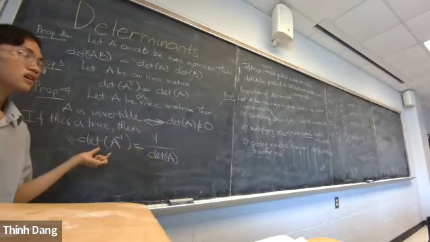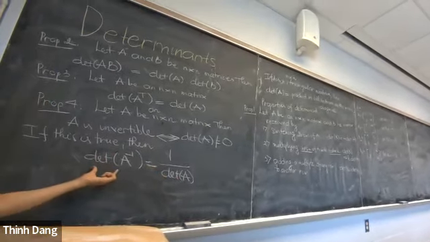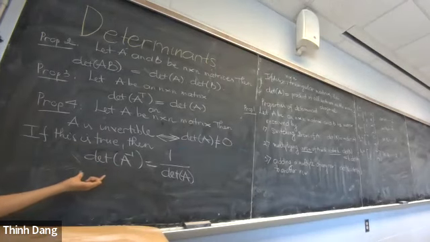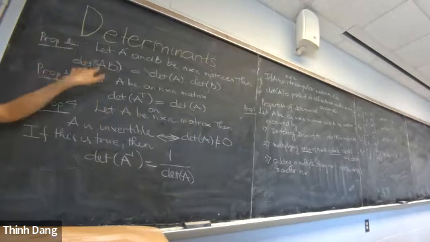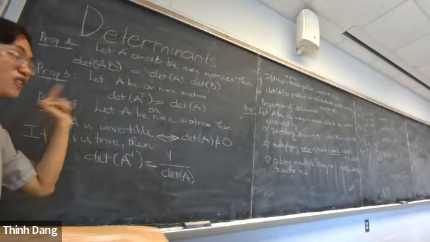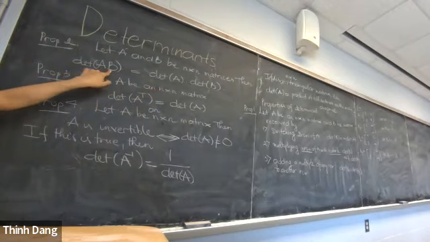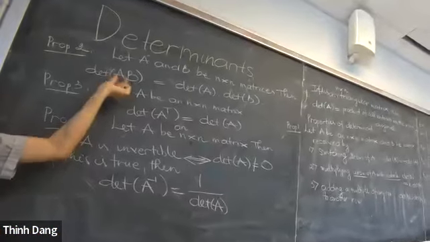Okay, and actually this second property is pretty easy to prove because according to property number 2, if A is invertible, then the product of A and A inverse is actually the identity. So the product over here should be the identity, right?